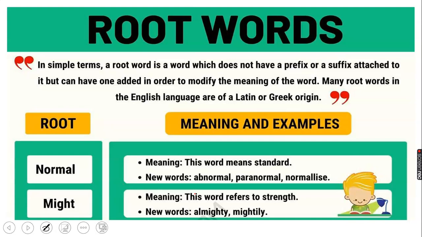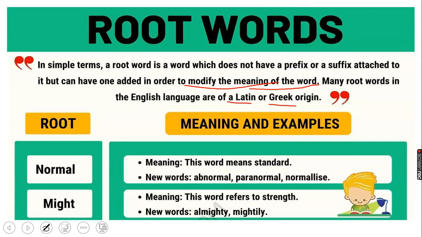Many root words in English language are of a Latin or Greek origin. So when you talk about root word, it's a word that does not have a prefix or suffix attached to it. The moment you attach a suffix or a prefix to it, you are modifying the meaning of the word. So when we talk about root word, it is the original word, and it might be Latin or Greek.